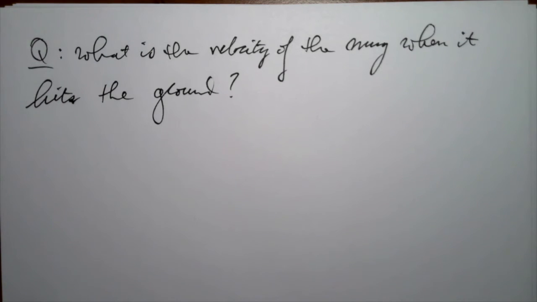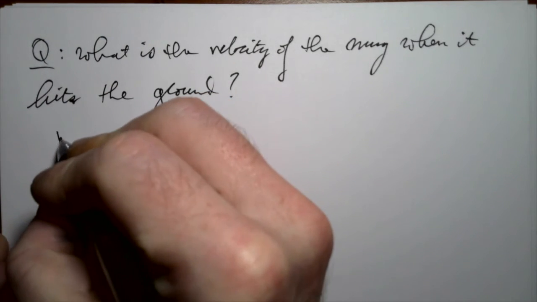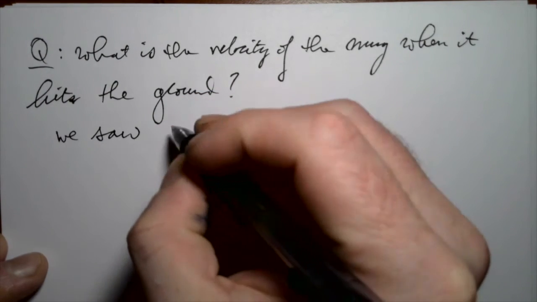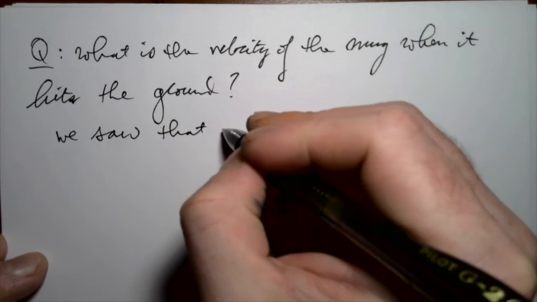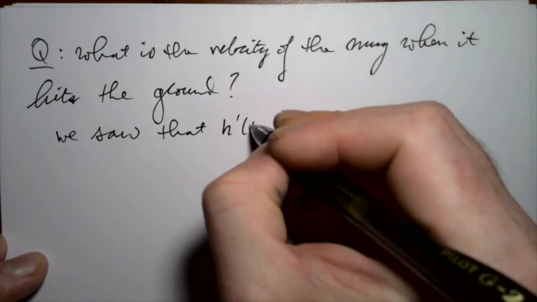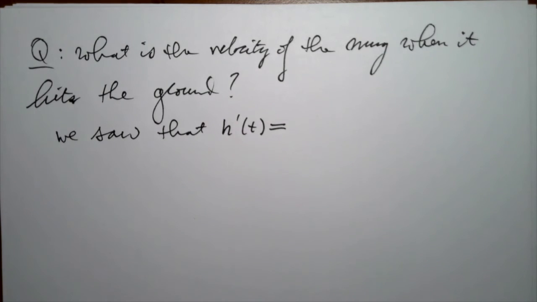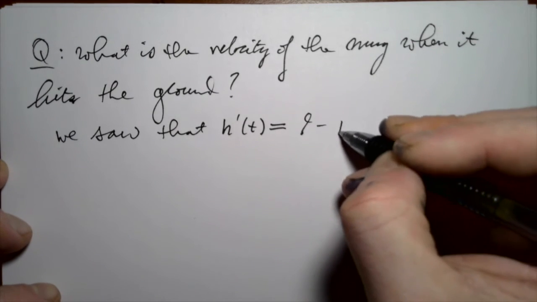We're not done yet. Next, we're going to ask, what is the velocity of the mug when it hits the ground? So we already computed that the velocity, which is given by the derivative of the height function, is given by 9 minus 4t.